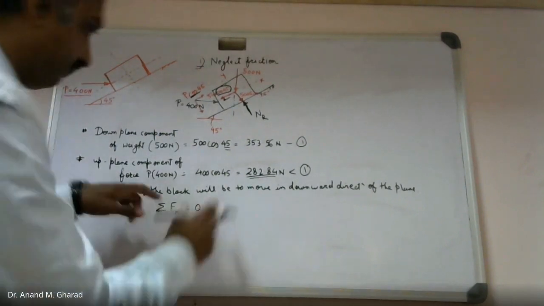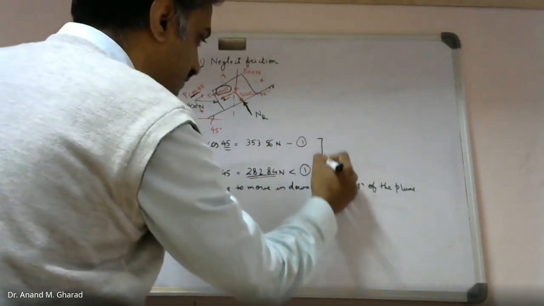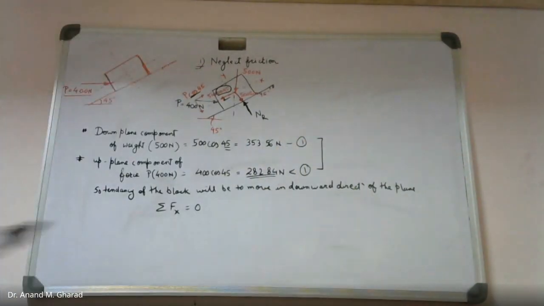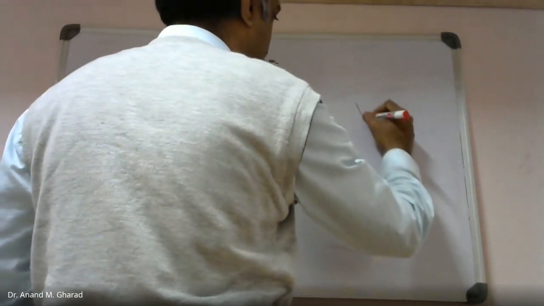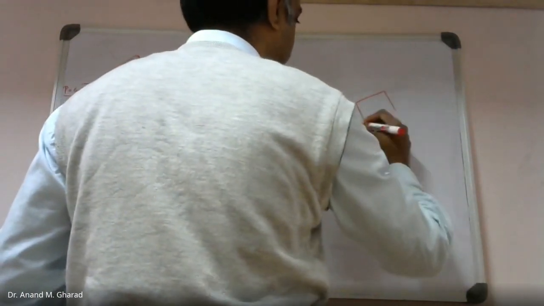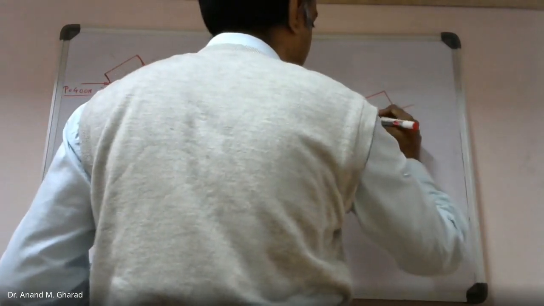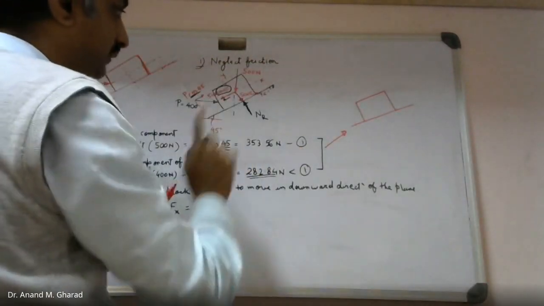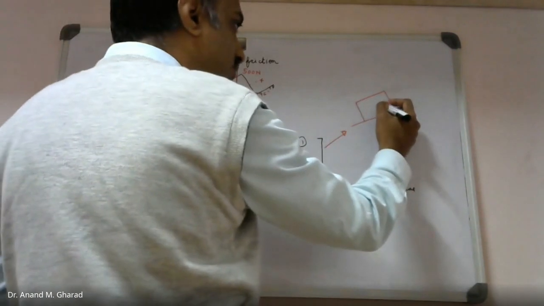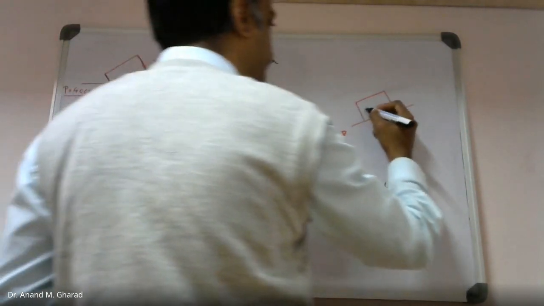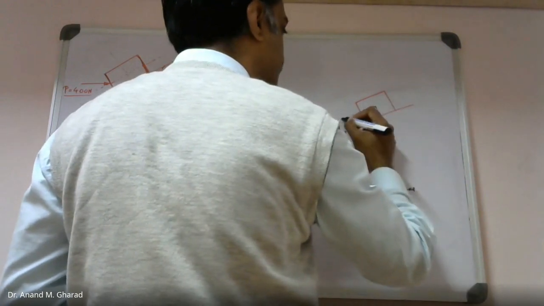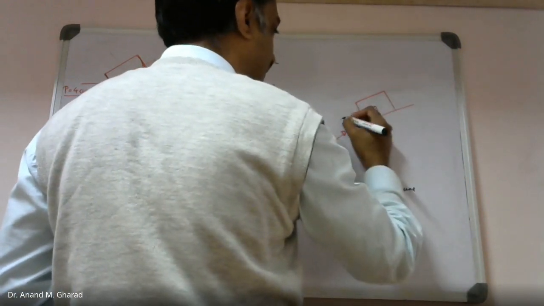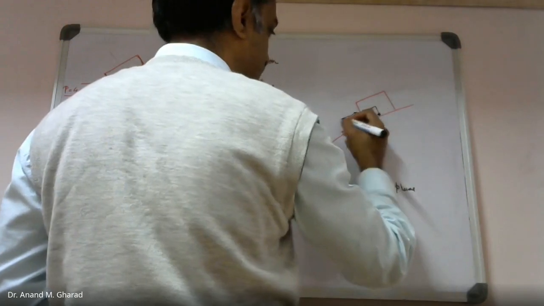So from this condition, what do we have? From here, we have identified that this block is going to move in the downward direction by virtue of these forces, whatever forces are available with us.